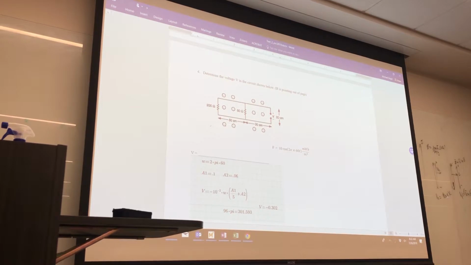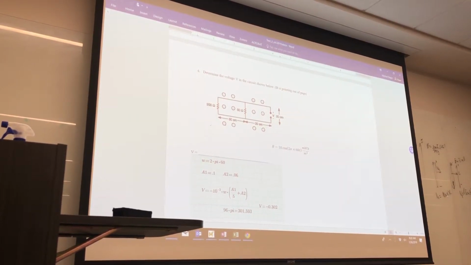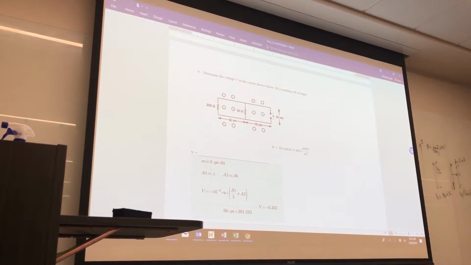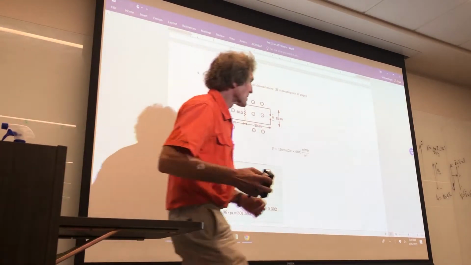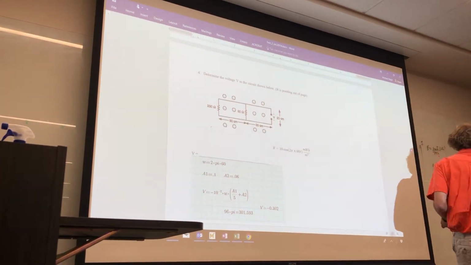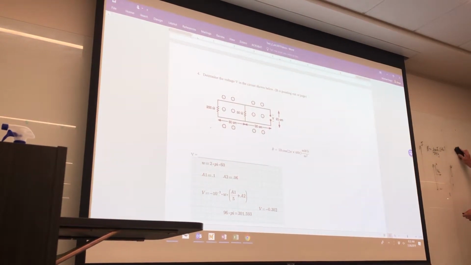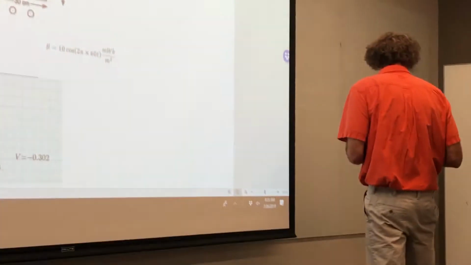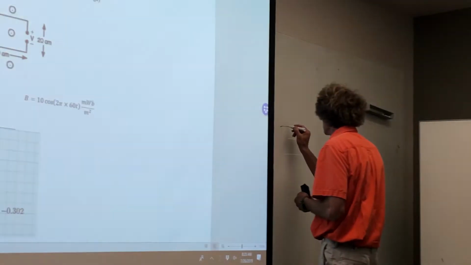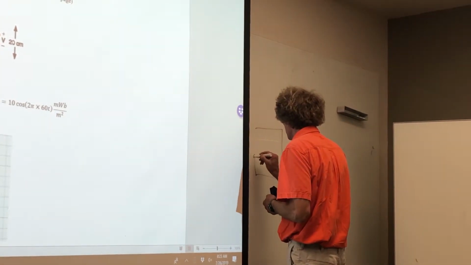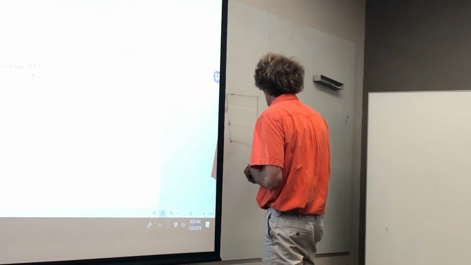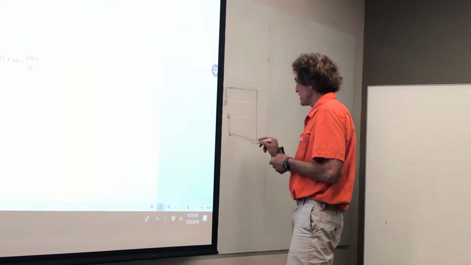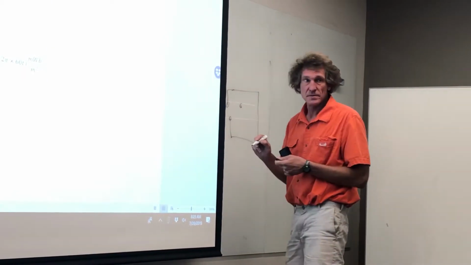So for this one, again, you're going to do the classic, and I'll draw it up here. You start by this. You're just going to have a given loop like this. And now the B field is out of the paper, correct, class?